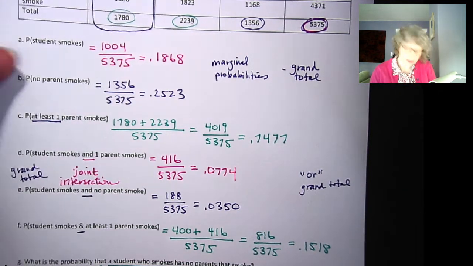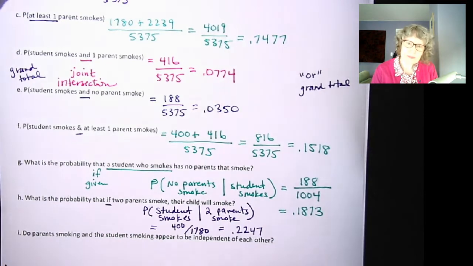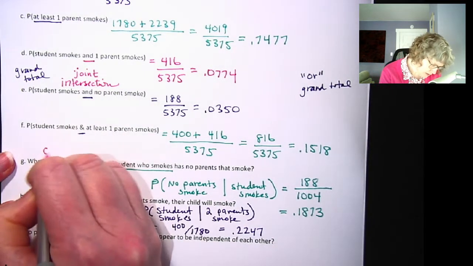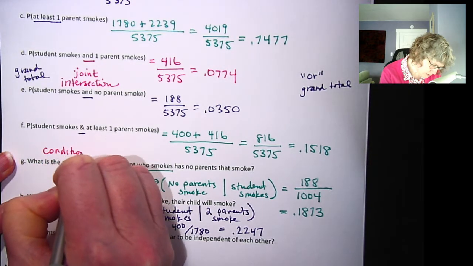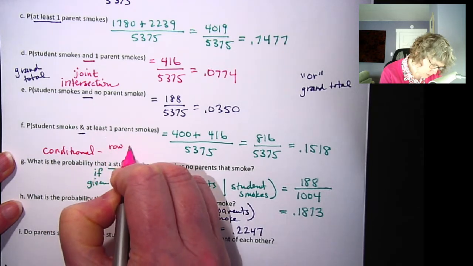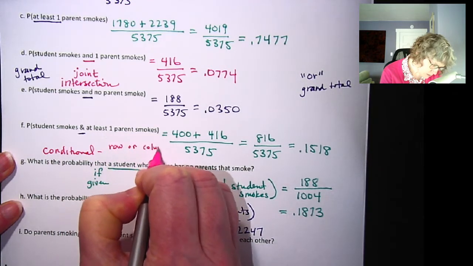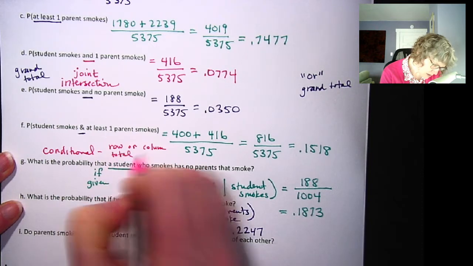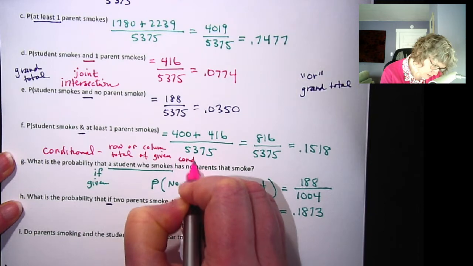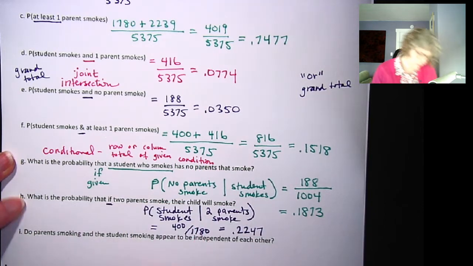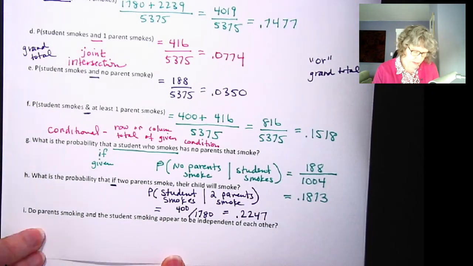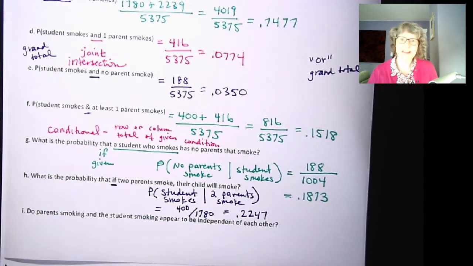And these three were conditional, and that's where we use the row or column total of the given condition. I hope that helps give you some examples, and I'll see you in the next video for the independence test.